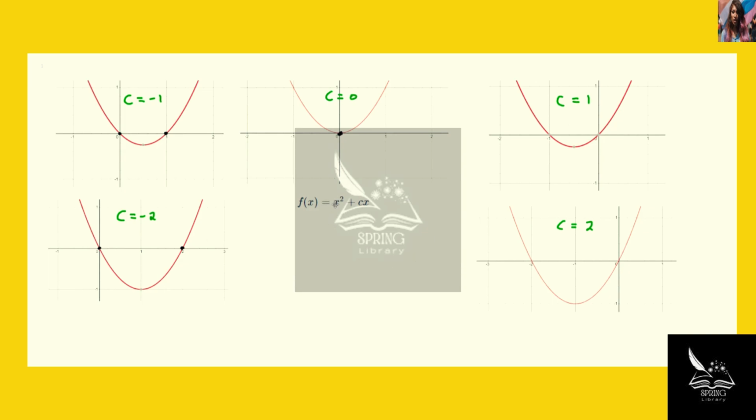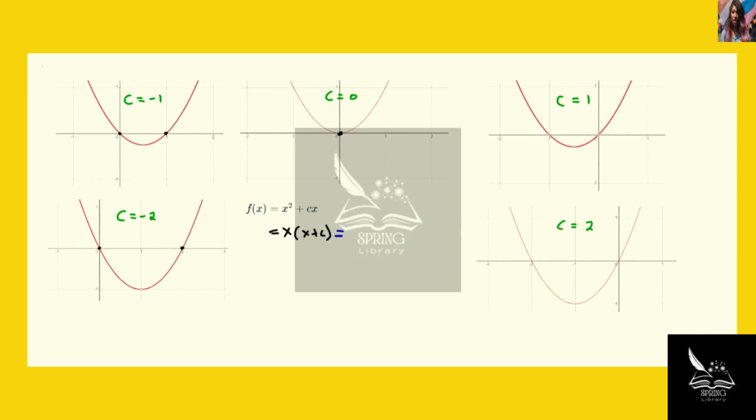So the first thing you might notice is we could go ahead and factor this, because we can pull out an x. So this is equal to x times (x + c).